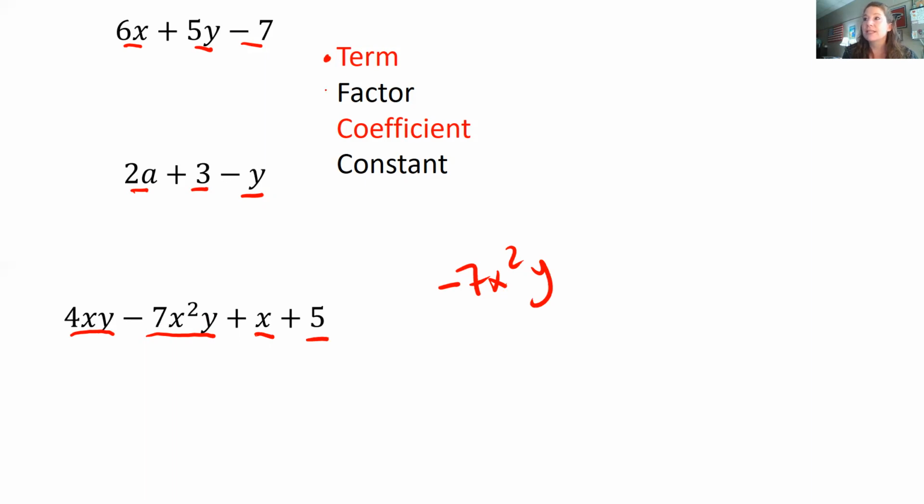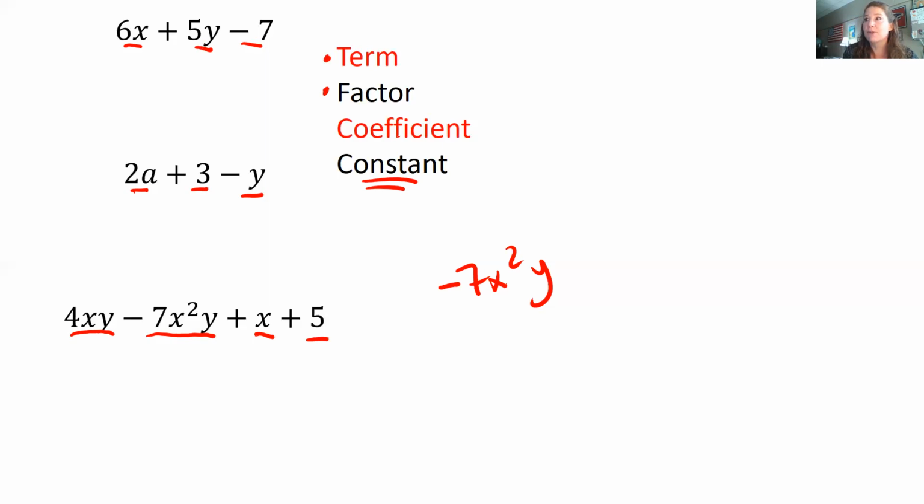Now factor just means numbers that are being multiplied. So 6 and x are factors of 6x. 5 and y are both factors that are being multiplied in the term 5y. Okay, negative 7 is a constant, it stands alone. So all of these numbers not attached to a variable are constants.